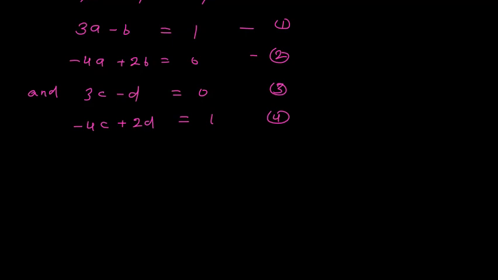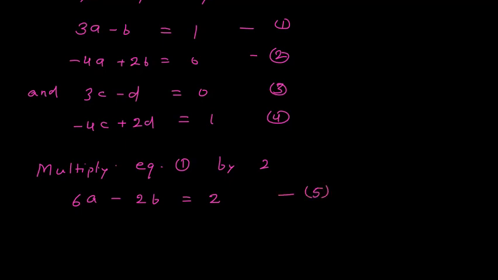For solving 1 and 2, we multiply equation 1 by 2. When we multiply equation 1 by 2, we get 6a minus 2b is equal to 2. This is equation number 5. Now I will add equation 2 and equation 5.